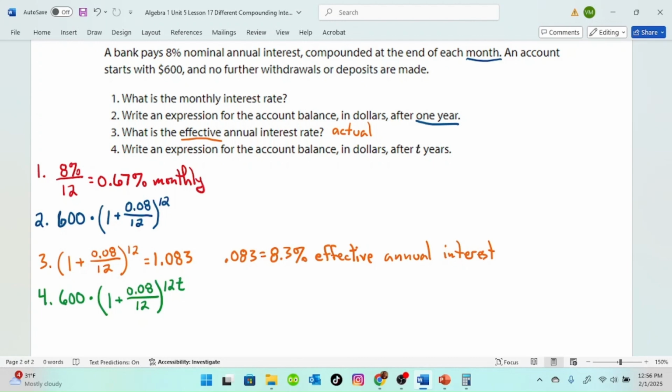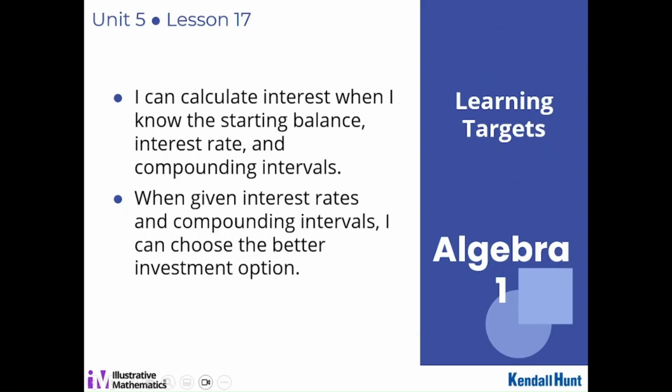Before we end this lesson, let's go back and take a look at the learning targets and make sure that you're set up for success moving forward into future lessons. As we finish up, I just want to look at these learning targets one more time.